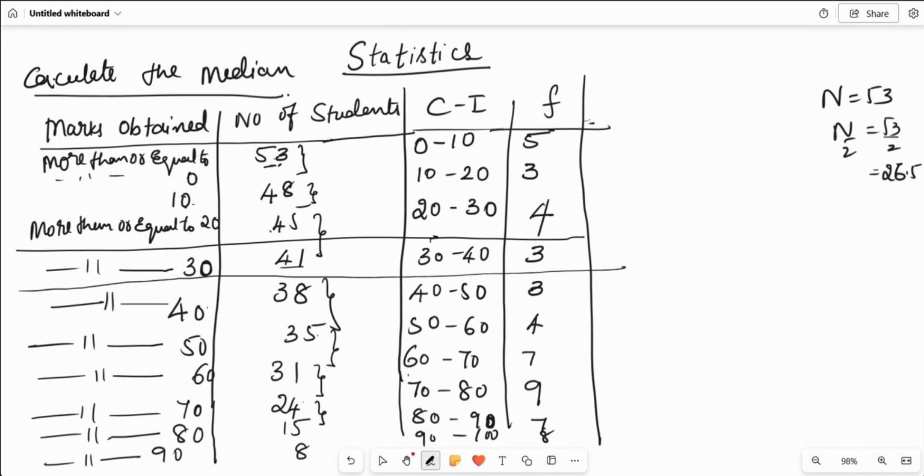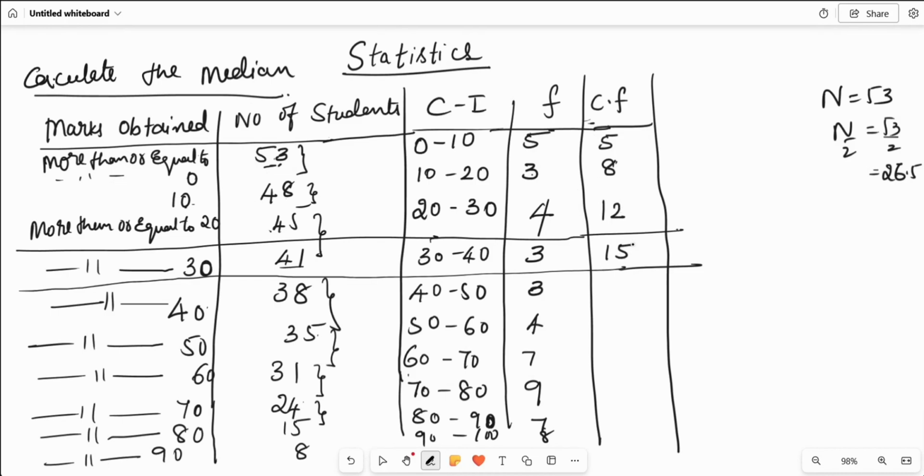Like that. Okay. You have to find the median. So what you have to do, you have to calculate the CF value. So it is 5. 5 plus 3, 8. 8 plus 4, 12. 12 plus 3, 15. 15 plus 3, 18. 18 plus 4, 22. 22 plus 7, 29. 29 plus 9, 38. 38 plus 7, 45.